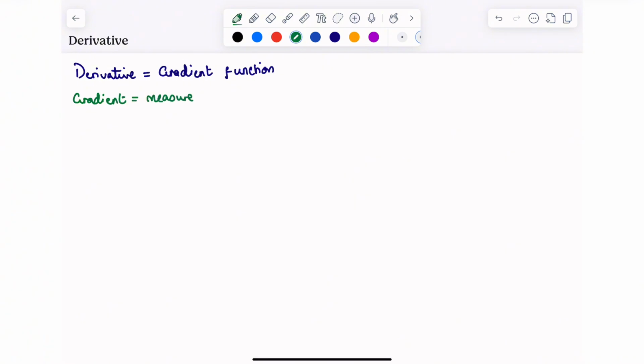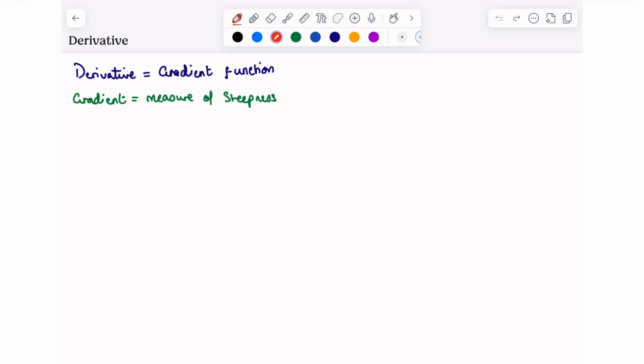So it's a measure of how steep a line is. Is it really, really shallow or is it really, really steep? So the derivative is simply a function that measures the steepness of another function.